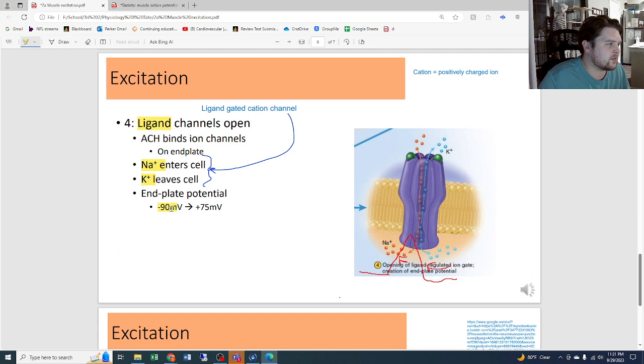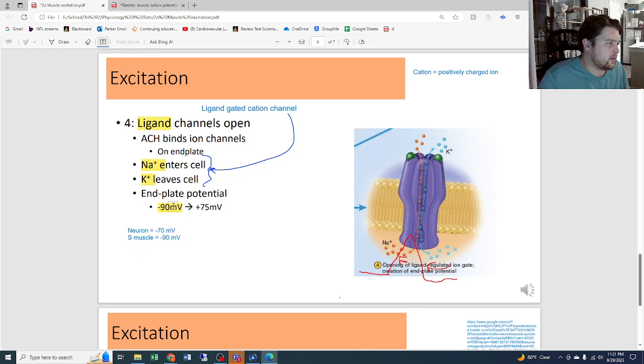You'll kind of see numbers fluctuate. Me personally, I would say neuron, set it at -70. Skeletal muscle, go with -90. Okay, millivolts. Those two numbers, I said, those are the best ones to kind of go with.